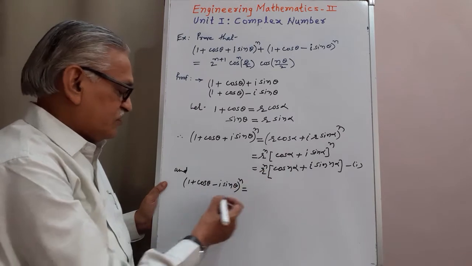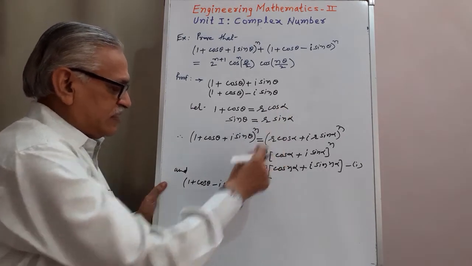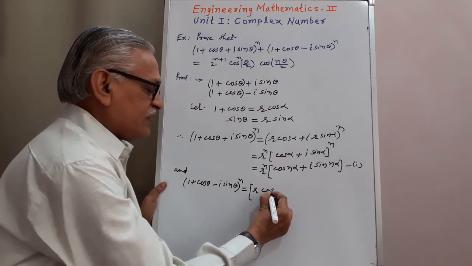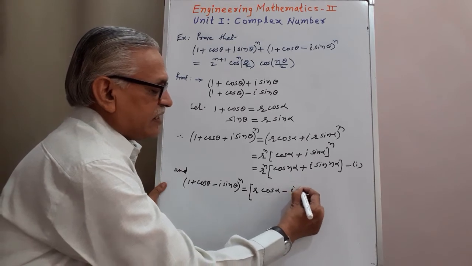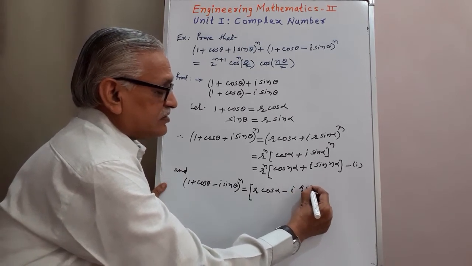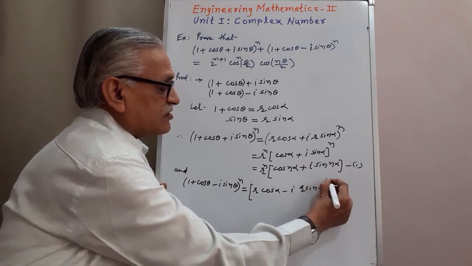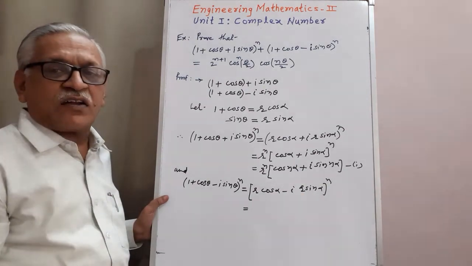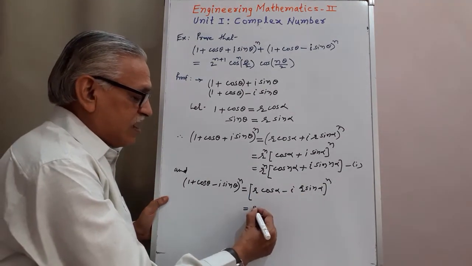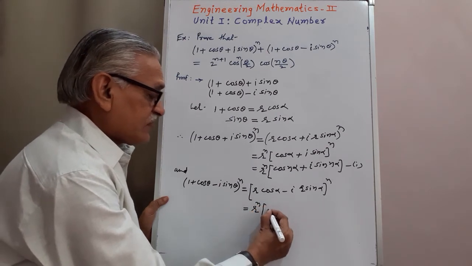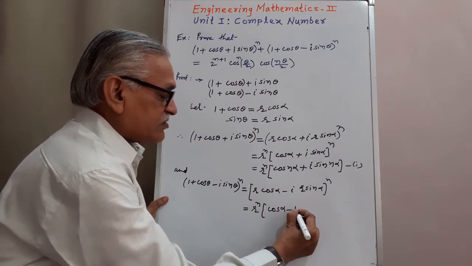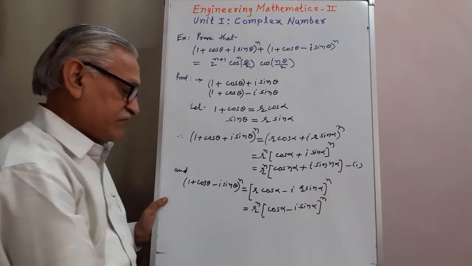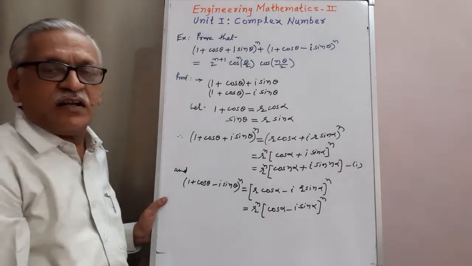Once again substituting the values as r cos α and r sin α, we get (r cos α − i r sin α)^n. Taking r common, it becomes r^n (cos α − i sin α)^n.